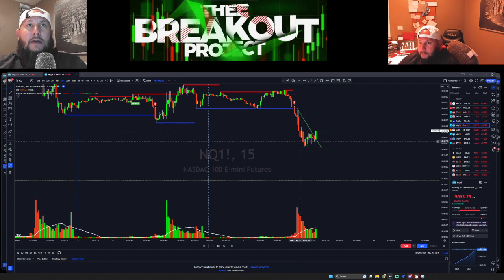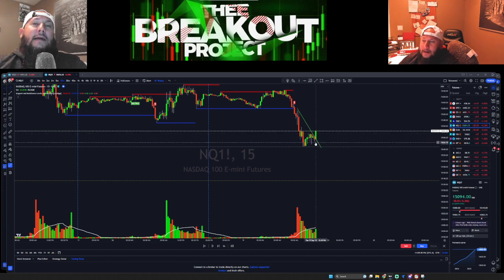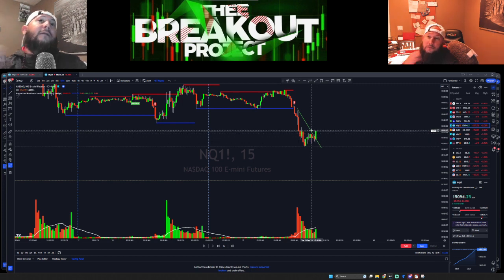Because price came down to this level, hit once, hit 2, hit 3 times, and then based above it. And then from there, had a push up, push back down, and then broke through this trend line. Okay, so we know that that area is going to be an area of support where price is going to want to retest in time.